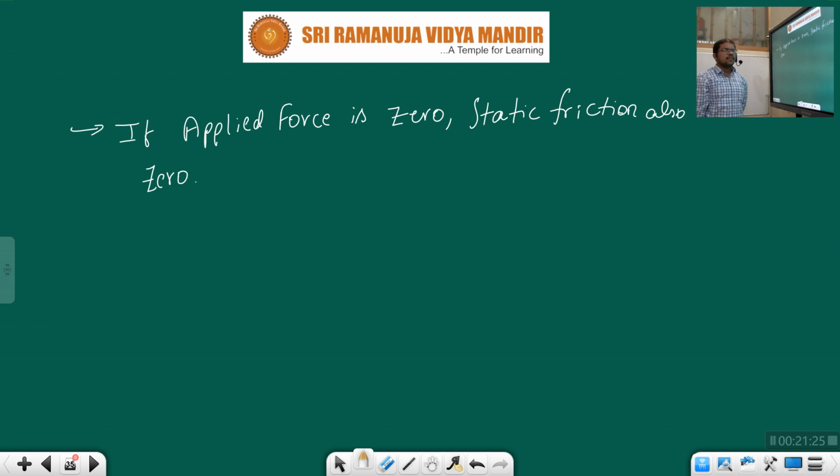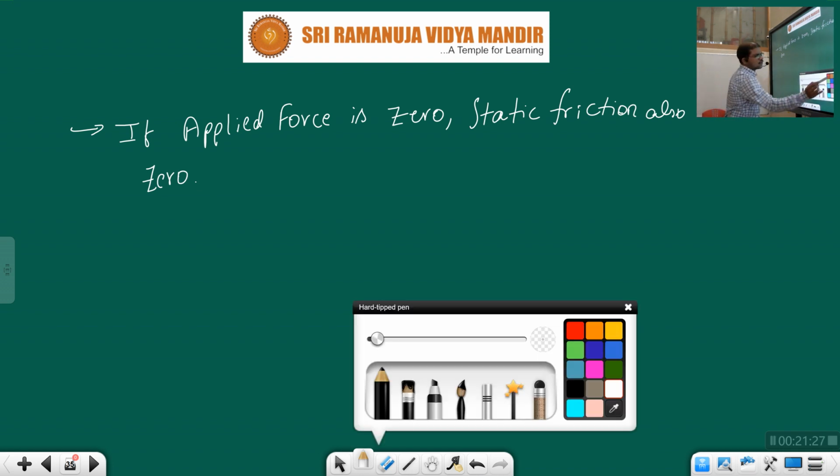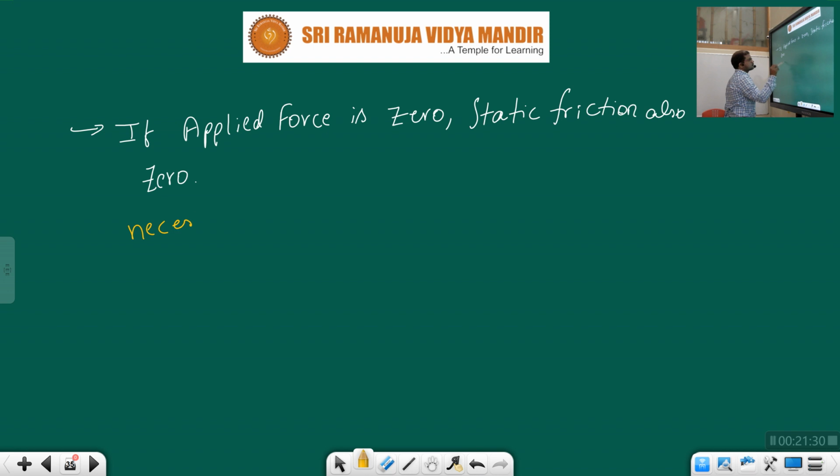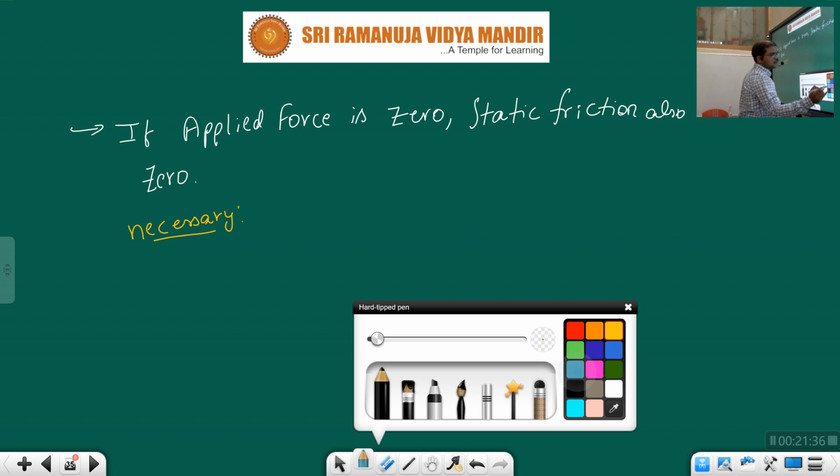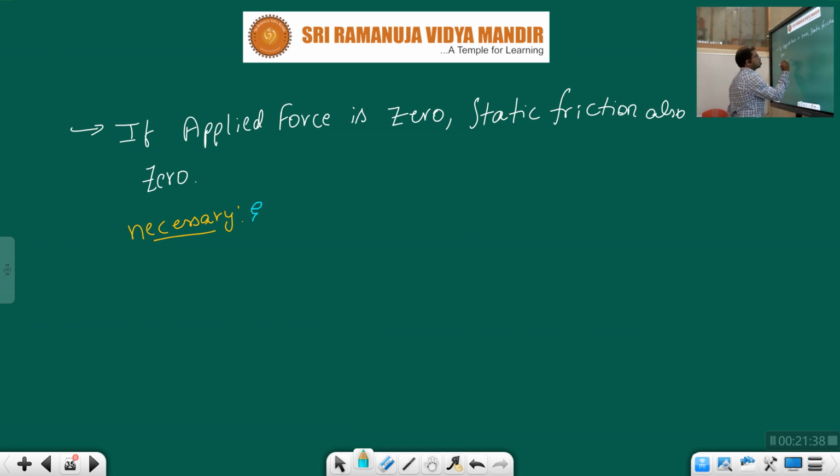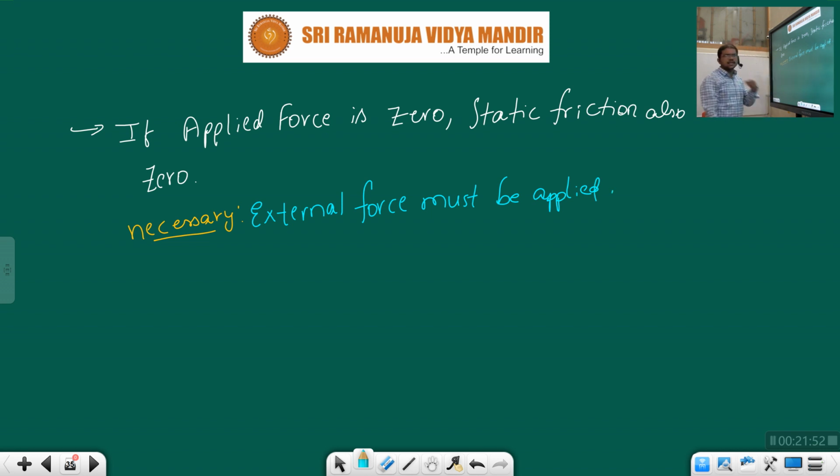What is the first condition? External force must be applied. This necessary condition is for getting static friction. Without external force, we can't expect static friction.